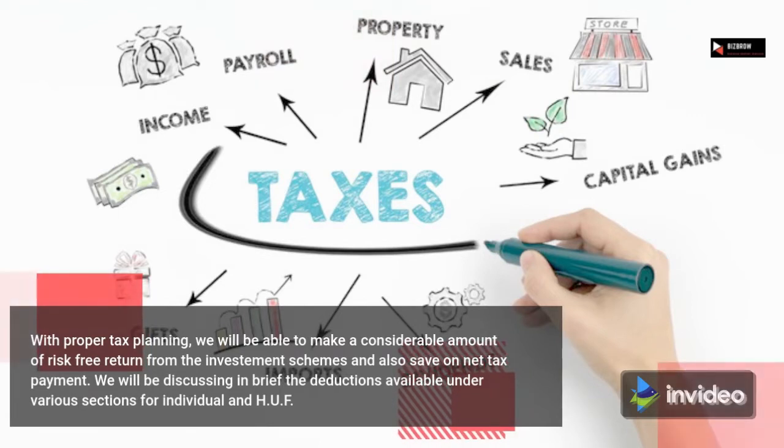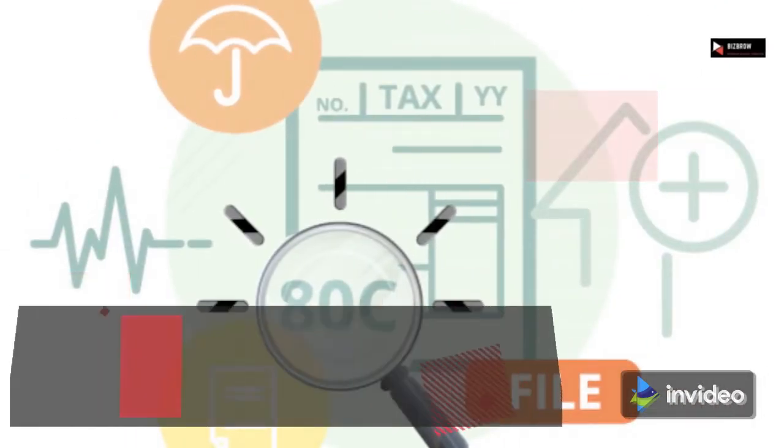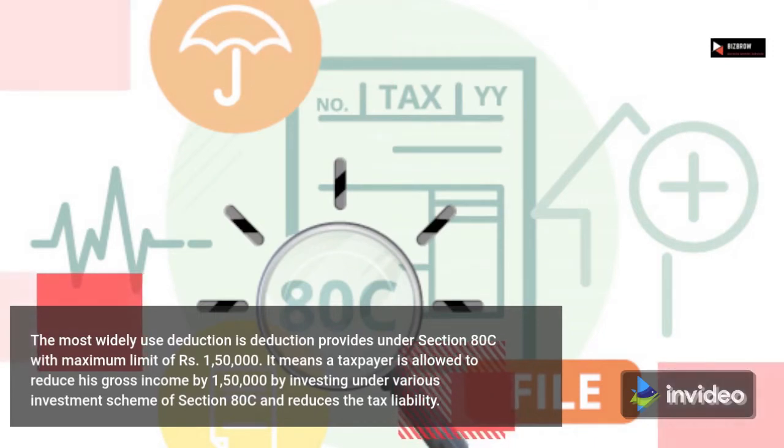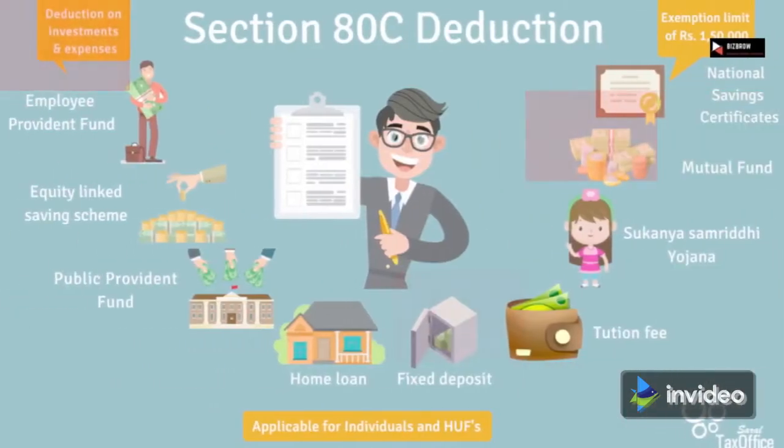We will be discussing in brief the deductions available under various sections for individual and HUF. The most widely used deduction is the deduction provided under Section 80C with maximum limit of 1,50,000 rupees. It means a taxpayer is allowed to reduce his gross income by 1,50,000 by investing under various investment schemes of Section 80C and reduces the tax liability.